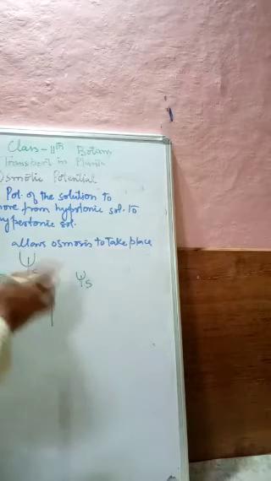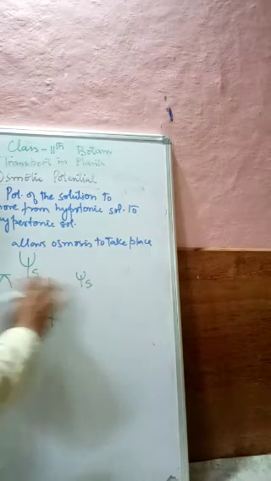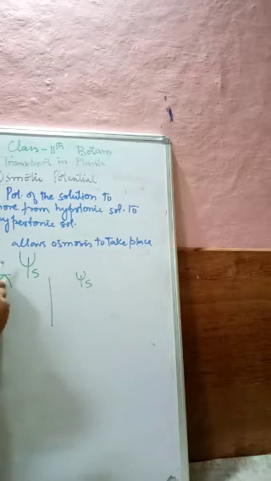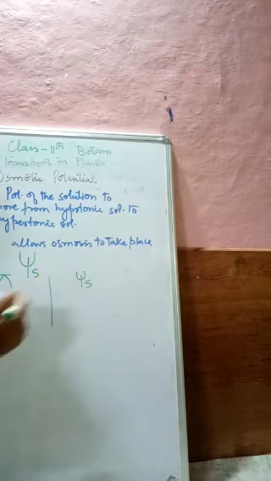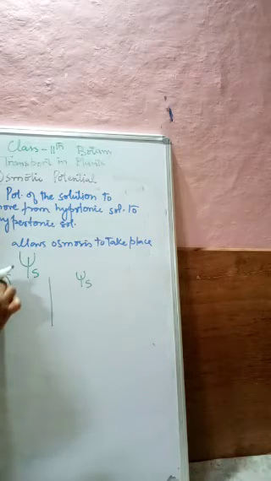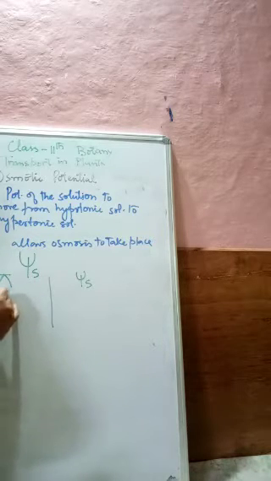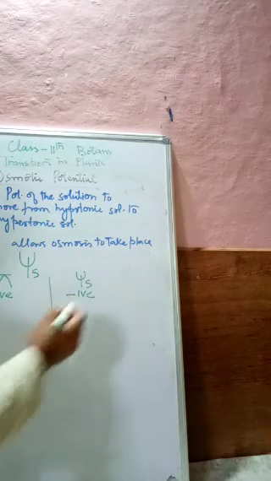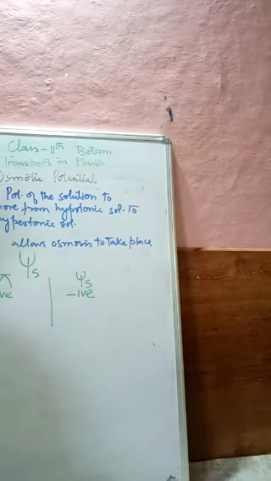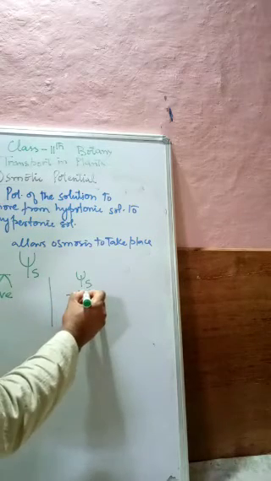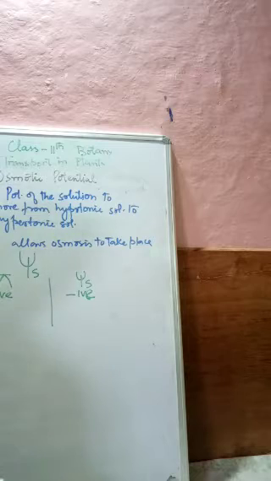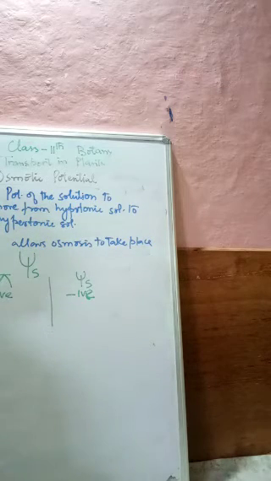Now if we see their numerical value, that is almost the same. जितना इसका होगा उतना इसका भी होगा, लेकिन they are opposite. For example, this osmotic pressure is always taken as positive, while this osmotic potential is taken as negative. लेकिन दोनों का वैल्यू it is equal.